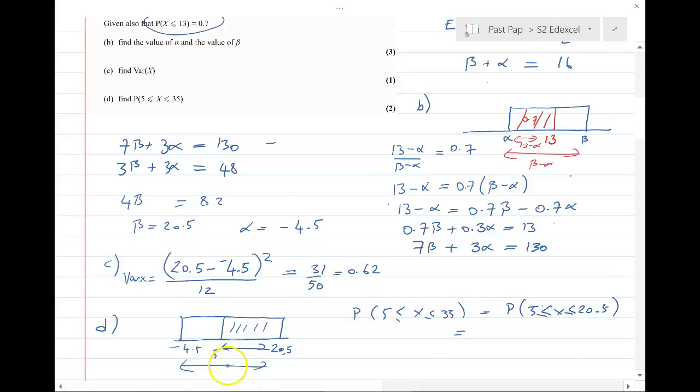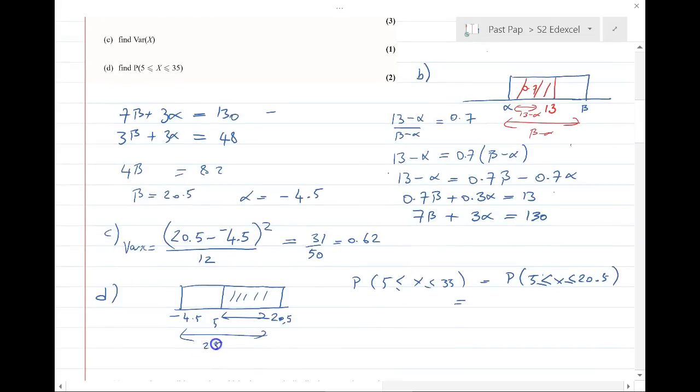The length from here to here is 25, and the length from here to here is 20.5 take away 5, over 25. So that's 15.5 over 25, which is equal to 31 over 50. Okay, that question's done.